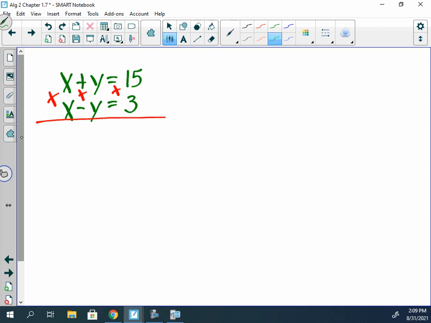We could have subtracted and done the same thing. X plus x is 2x. Y plus negative y, or y minus y, is 0. And 15 plus 3 is 18, yes? Divide both sides by 2, and I get x is equal to 9, yes?